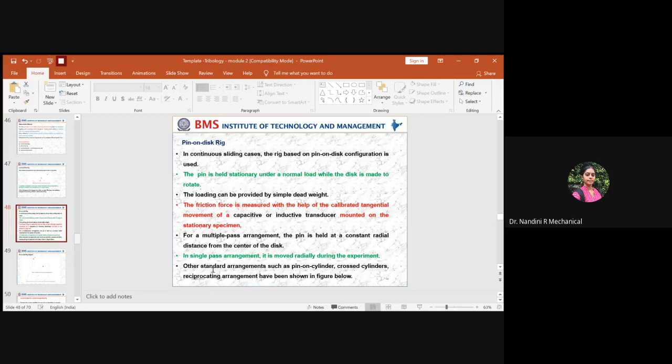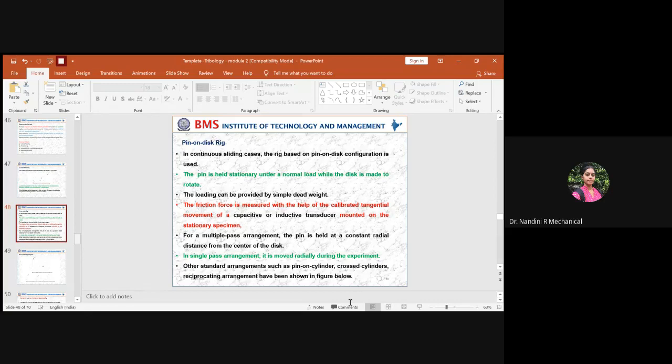And if a single pass arrangement is needed, you can just move it radially during the experiment. So you will move radially by manual means, whether you need a clockwise or anti-clockwise direction, for a single pass arrangement. If you need a single pass arrangement, you can go with the previous method also.